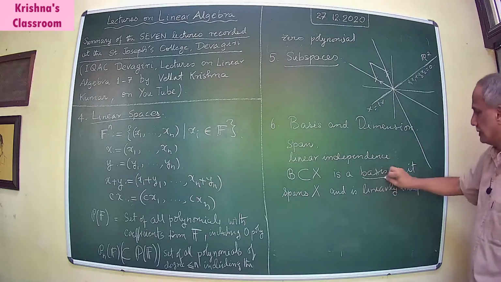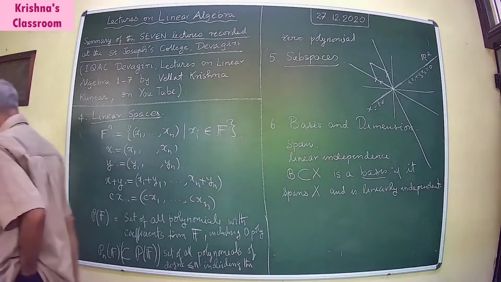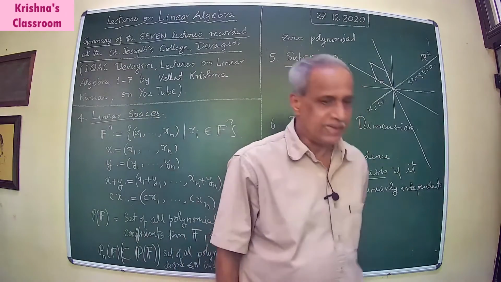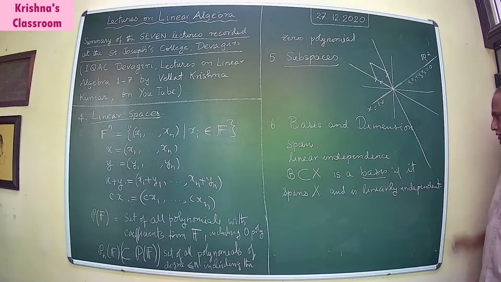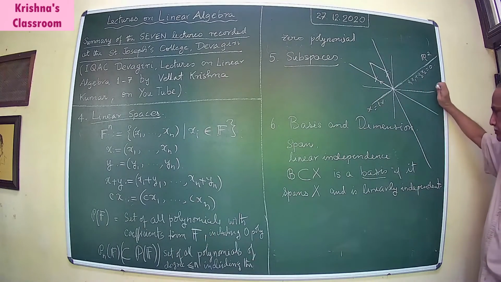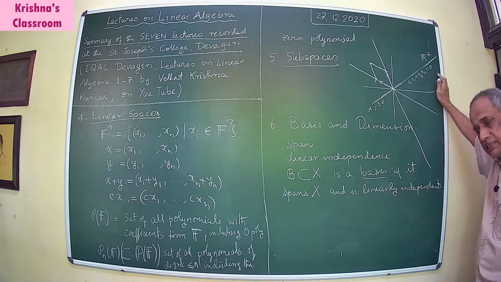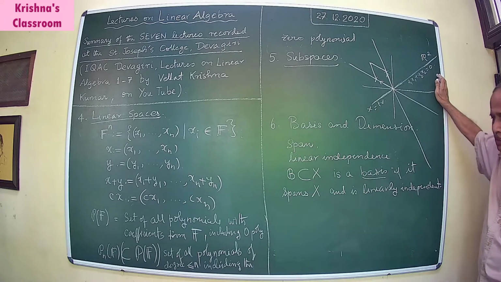That's about a basis. So you have the concept of span, the concept of linear independence, and then the concept of basis. Basis is essentially a spanning collection of vectors which is linearly independent. Or in a way, an optimal spanning set is what is called a basis.